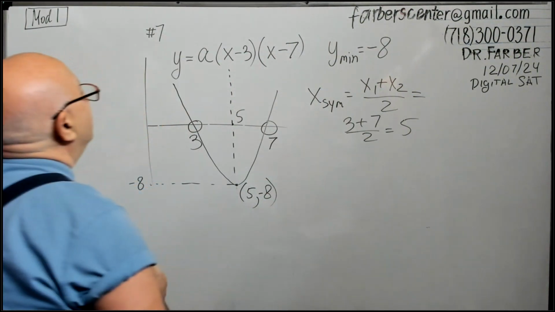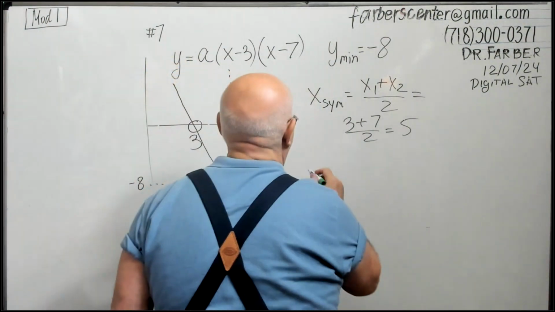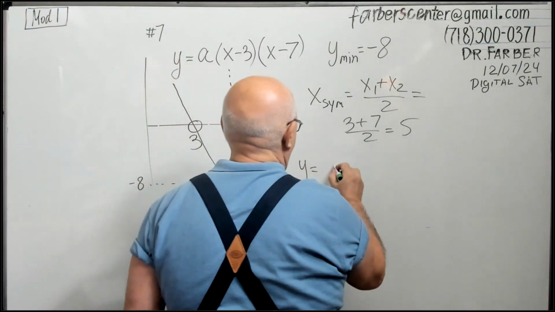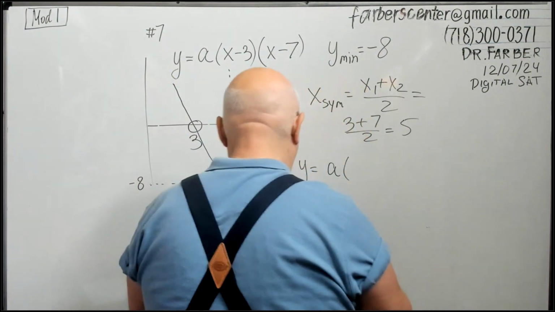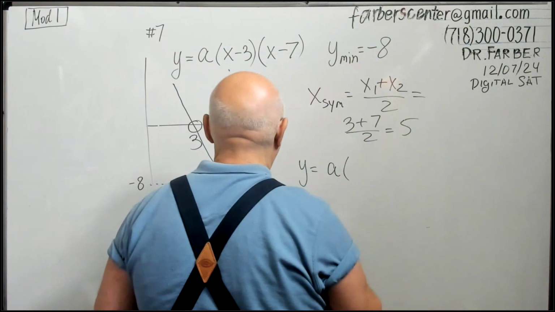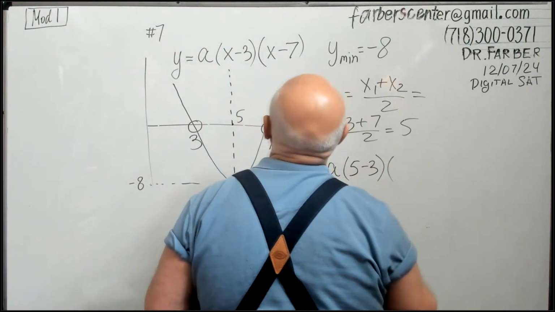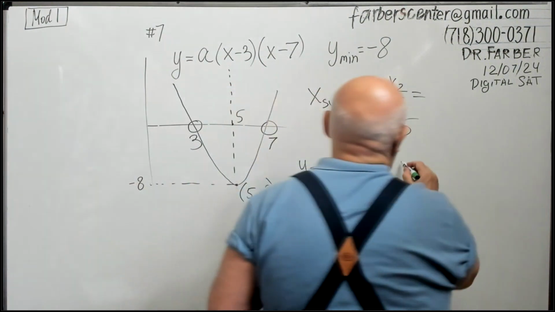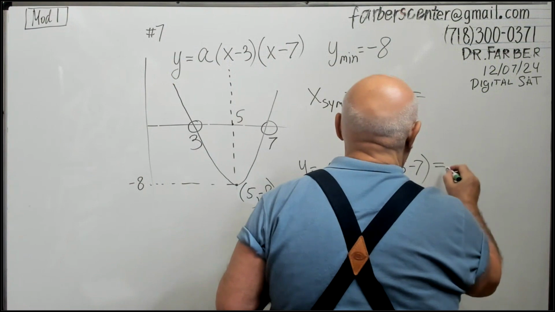Okay. Now you can override this equation. Y equals to A times x minus 3, and you can plug in these values. X equals to 5 minus 3 times 5 minus 7, and this equals to what?